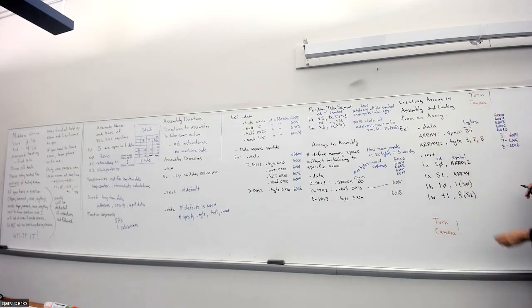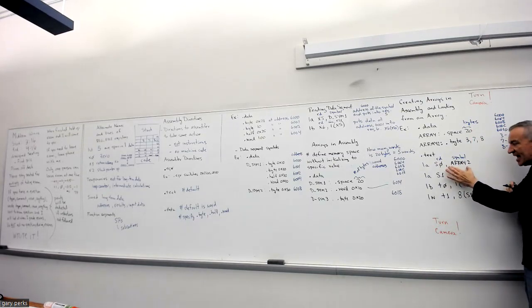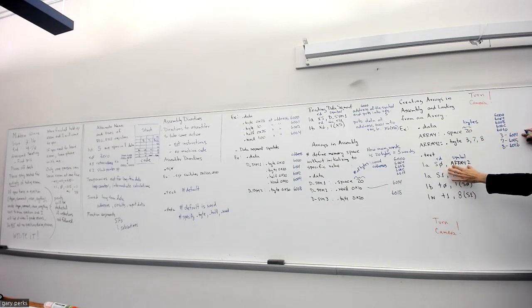Actually, I should ask you, what is this instruction going to do? Exactly. It's going to take the address of this symbol and put it into this register. And what is the address of array 2? It would be 6014, right?